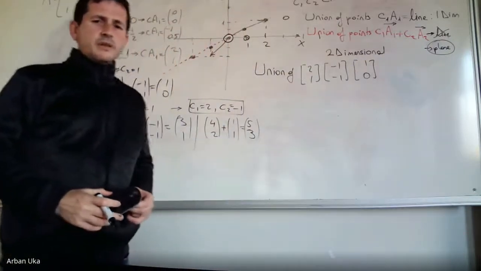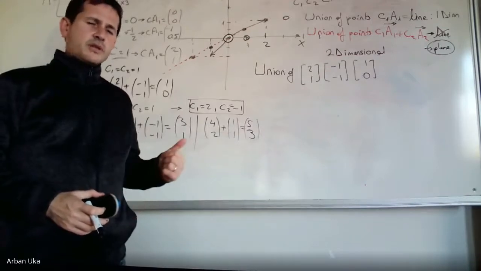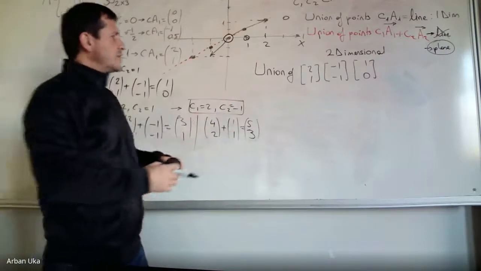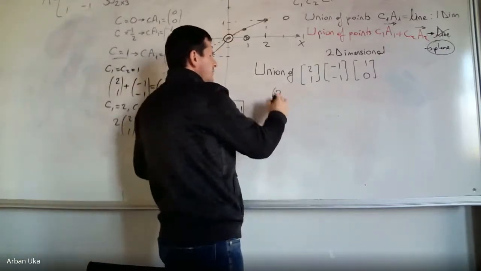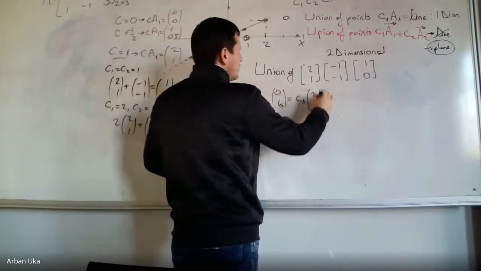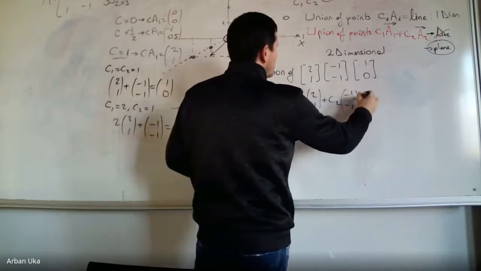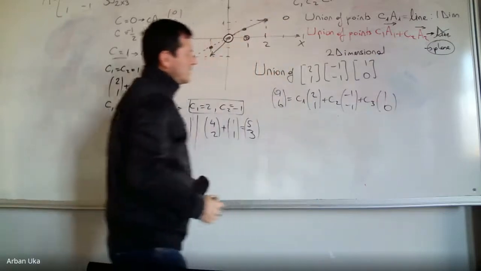What could be the union of all the points that can be scanned by these three vectors, which is defined as finding any point AB, which is equal to constant C1 times 2, 1, plus constant C2 times minus 1, minus 1, plus constant C3 times 1, 0.